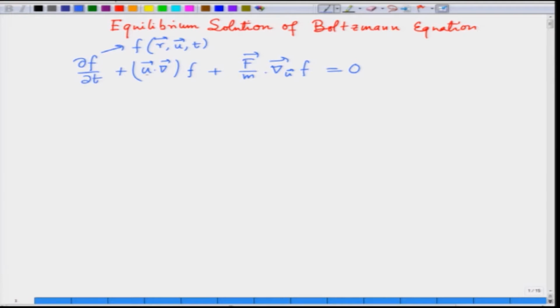And u is the kinetic velocity, F is the body force, and m is the mass of one particle.